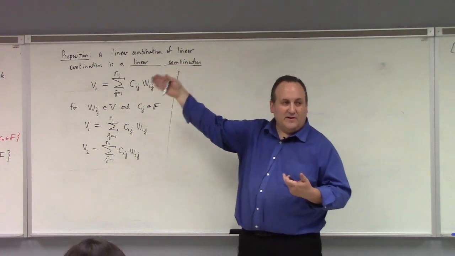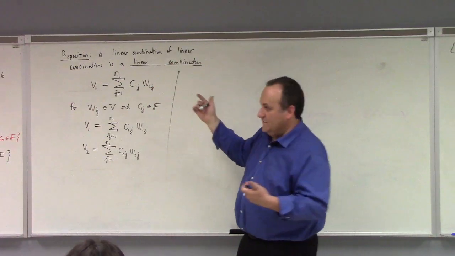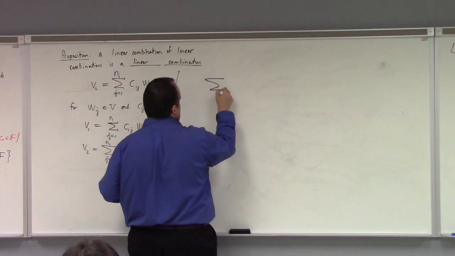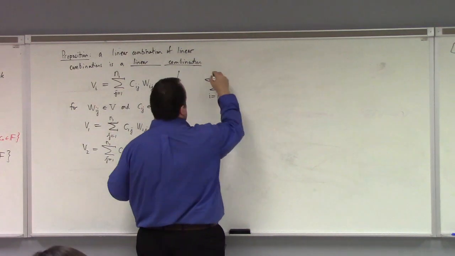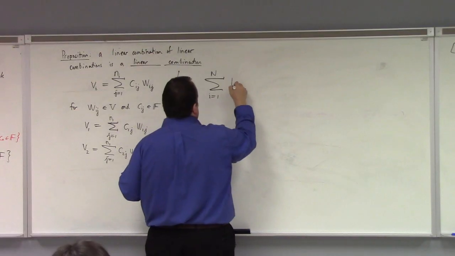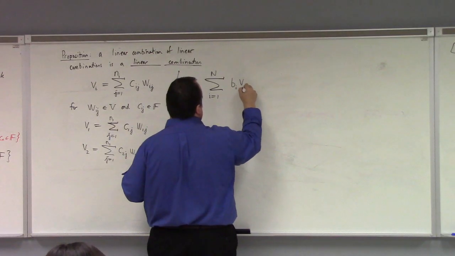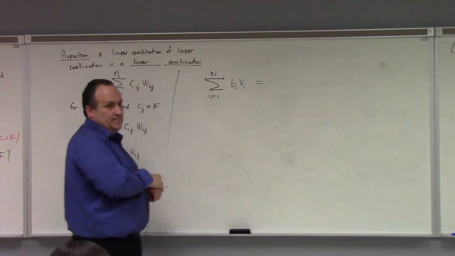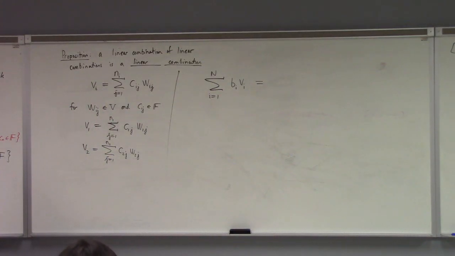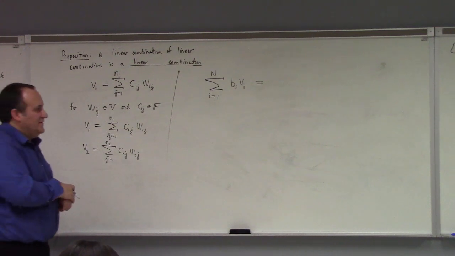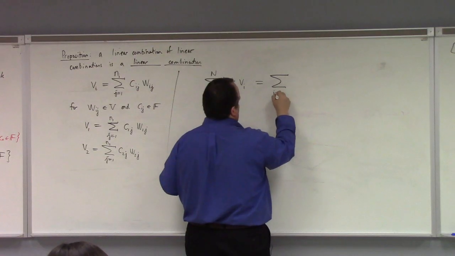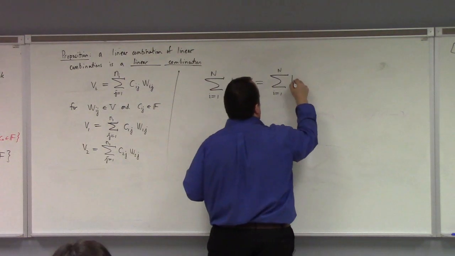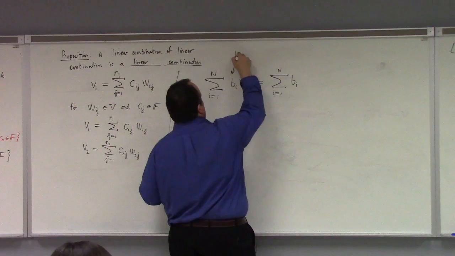So I want to take a linear combination of these linear combinations. What does that look like? I take a sum, let's say i equals 1 to, I don't know, big N of b sub i, V sub i. And here the b sub i's are elements of the field, right?